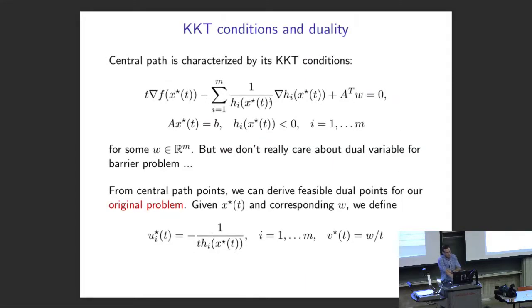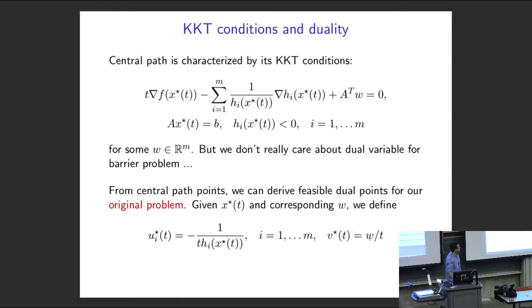If you were to solve the KKT conditions to get x star and w, we could then just define dual variables u and v. u is going to correspond to the inequality constraints, and v to the equality constraints, as follows.